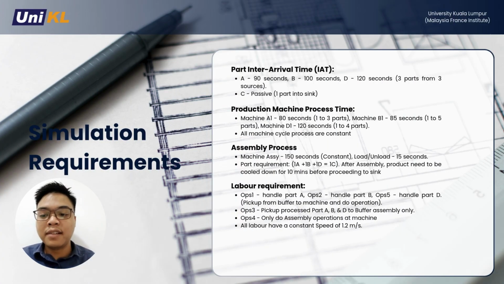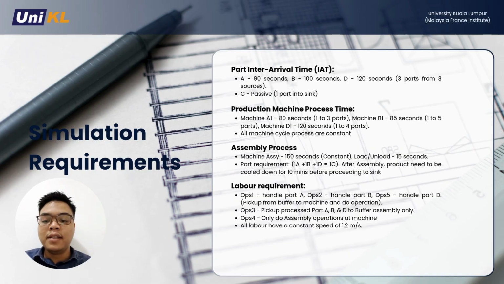Here are the simulation requirements for the parallel processing and assembly station simulation that are stated in the mini project instruction. 3 parts from 3 sources A, B, and D with 90, 120 seconds respectively, excluding part C as passive.